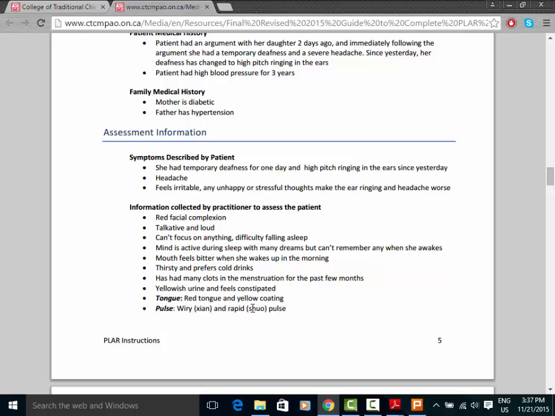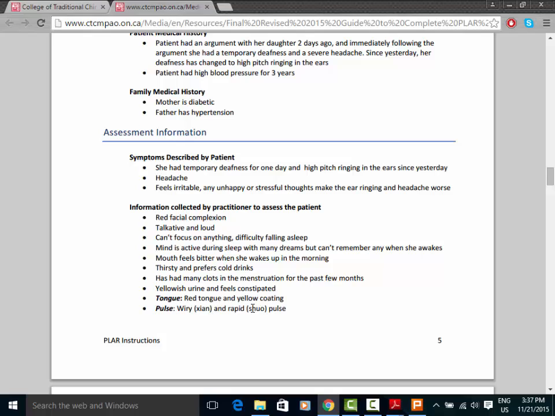Because before she had the argument with her doctor, the yang liver was increased. Then she had that episode that increased that and turned it into fire that led to the deafness. Well, you're making assumptions. I'm not sure what the rationale there is. Yes, that's possible, but that's not what the case says.